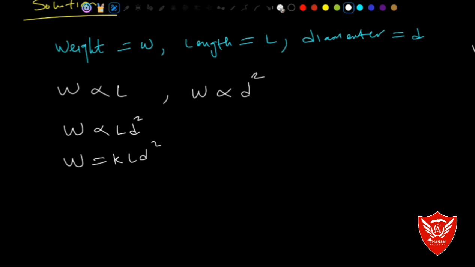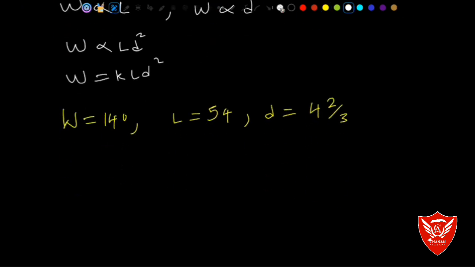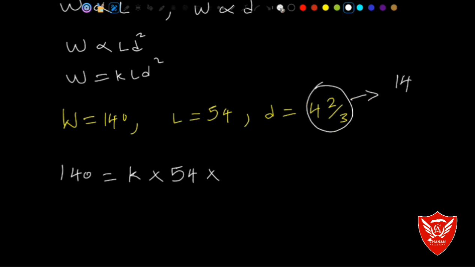Okay, so let's try to solve for the constant. From the question, W is equal to 140, L is equal to 54, and D is equal to 4 2/3. So we can have that W, which is 140, is equal to K multiplied by 54. Let's quickly convert this to an improper fraction. If we do that, we're going to have 14 over 3, so we have 14 over 3 square.